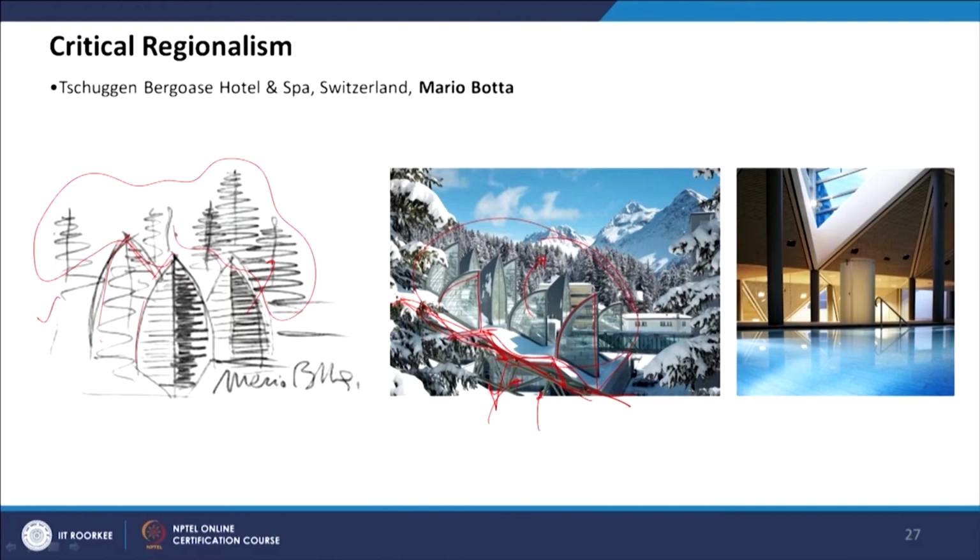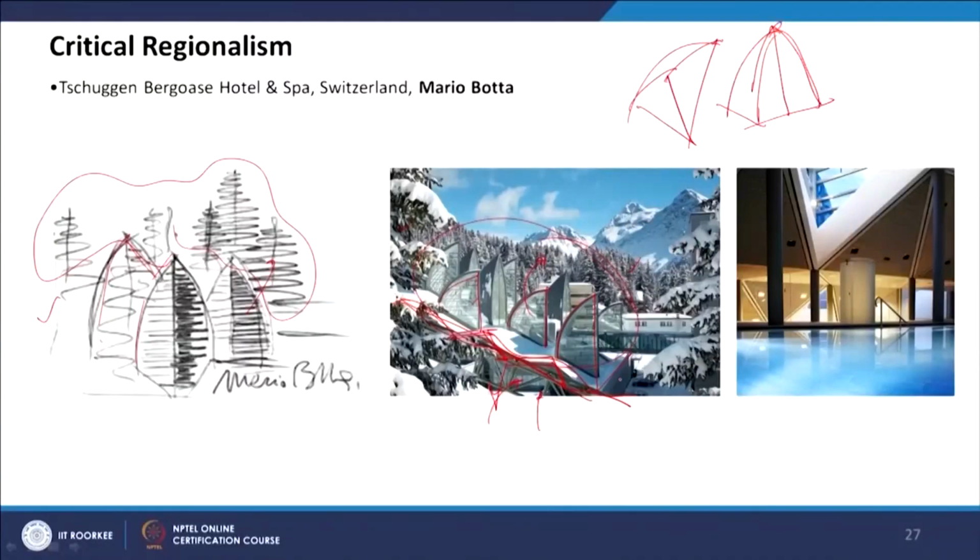There is a difference in the skylights: some have this kind of design, and some are like this. Because in the natural setting the trees are different, to break the monotony he created different skylights, positioned in different spaces.